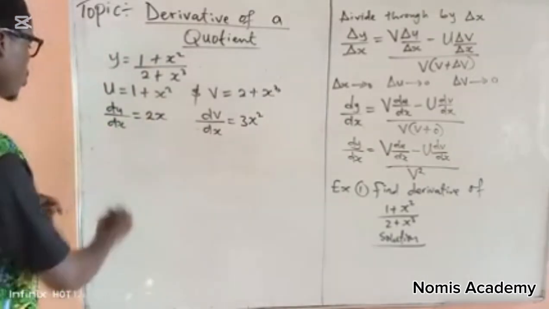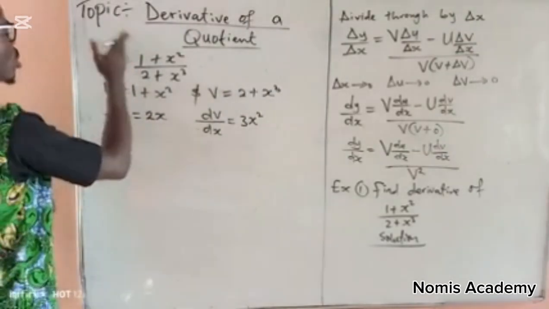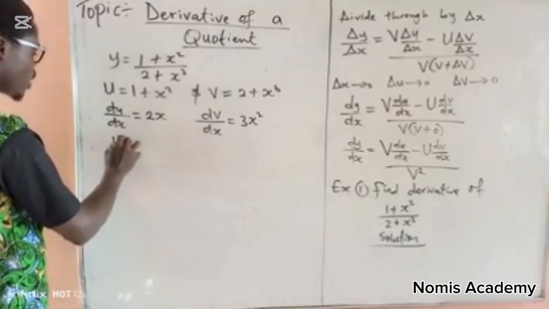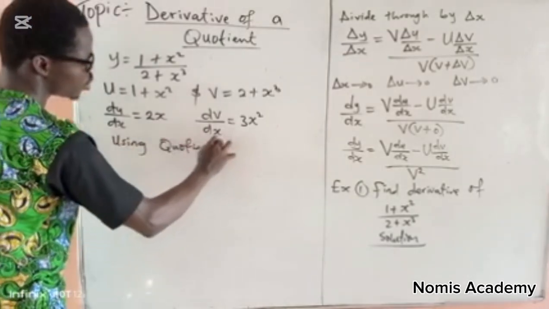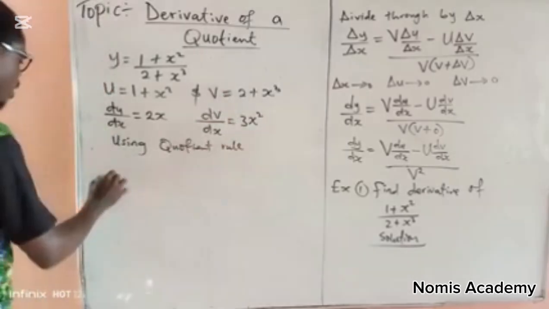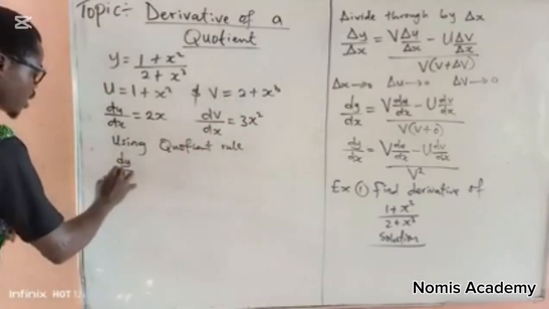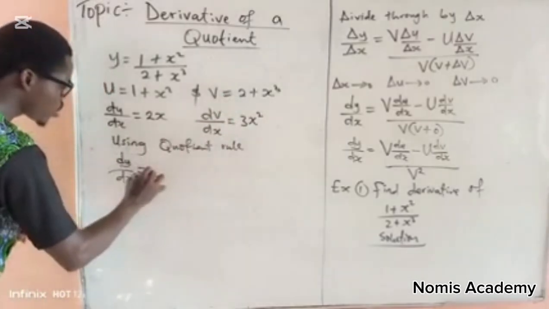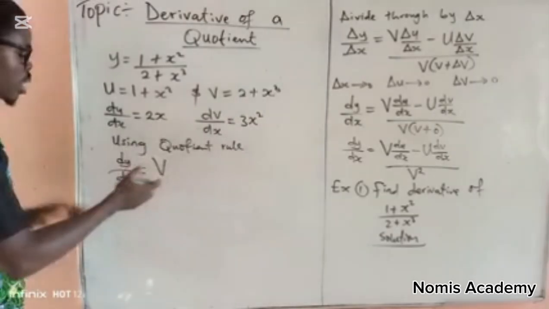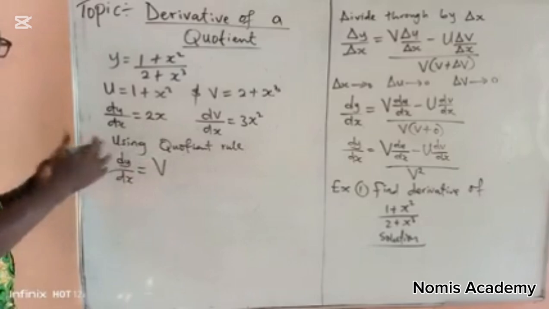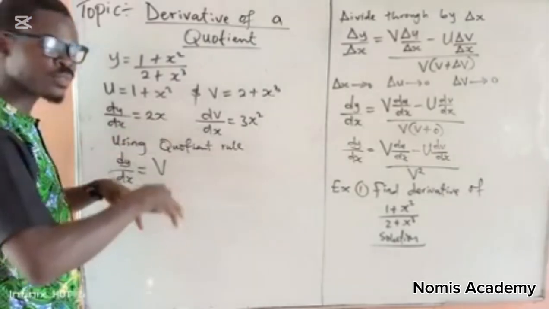Now we are going to use the quotient rule to solve the function. Using the quotient rule, which says dy over dx equals v. Don't forget, v comes before u in the quotient rule, unlike the product rule, where u comes before v.